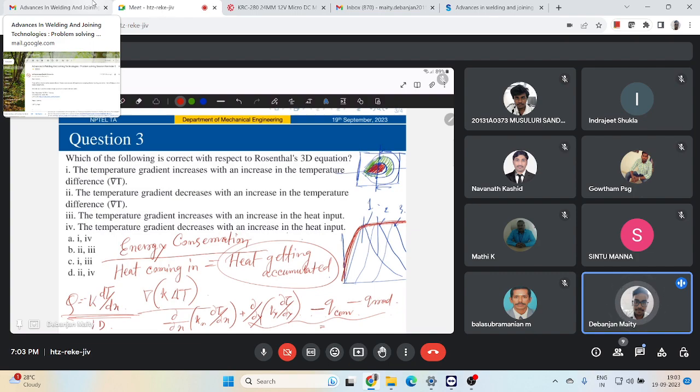Heat getting accumulated. So m Cp dT/dt, right? That is my governing equation of any kind of heat transfer solution. Yes or no?